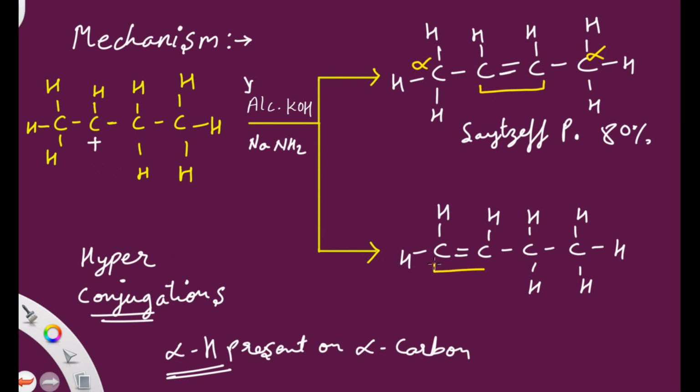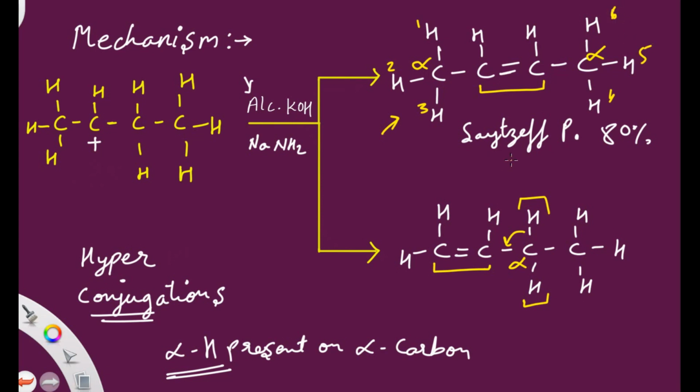Now in this particular case there is only one alpha carbon, right? Now how many hyperconjugations are possible? It is how many C-H bonds there are that can donate their sigma electrons. So in this particular case there are two hydrogens, or two C-H bonds, that can donate their sigma electrons into conjugation. And in the above case there are 1, 2, 3, 4, 5, 6.